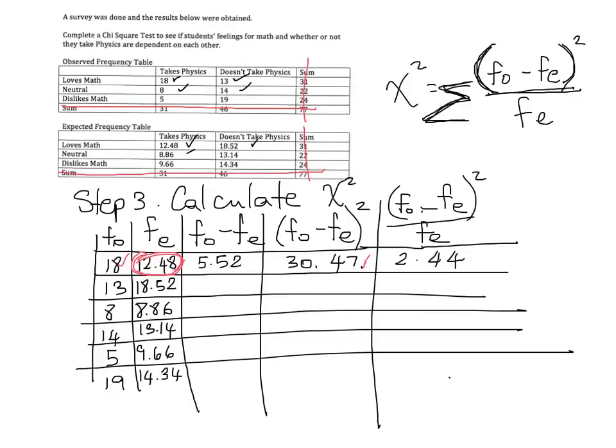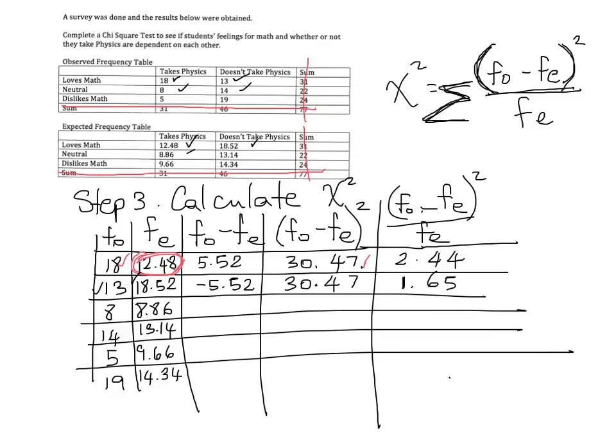So now we have to go through and do that again. You're subtracting, it's 13 minus 18.52, and we should get negative 5.52. You square it, you get the same thing that you got before, but now we're dividing by a different FE value. We're dividing that 30.47 by 18.52, and you get 1.65.